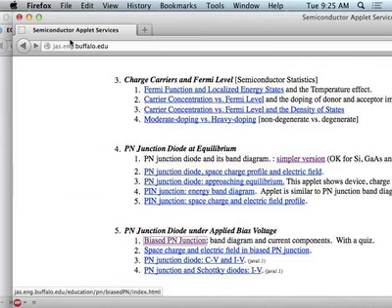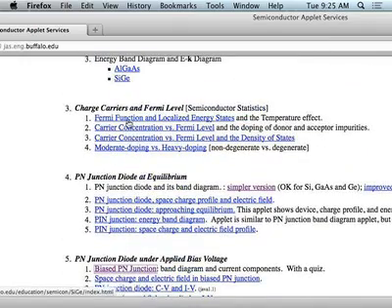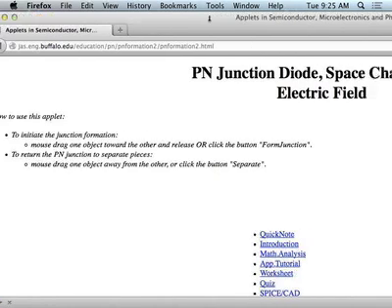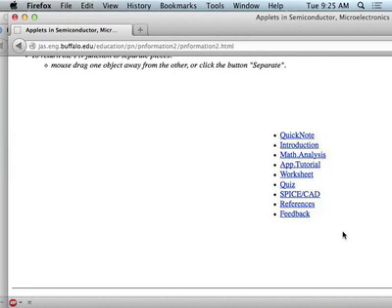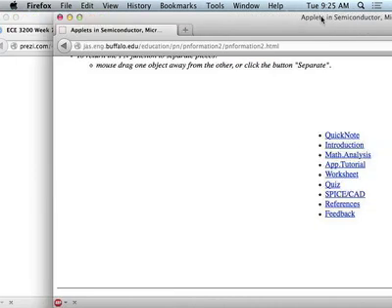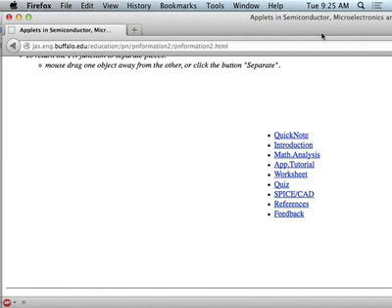If you go to the main website, it's the University of Buffalo. There's a number of things, everything from crystal structure to what we just talked about, the p-n junction diode at equilibrium. So let's click on this. It'll give you a sense for how things vary and how the different material parameters affect the fields and the potential and so on. So let's see. It should load.